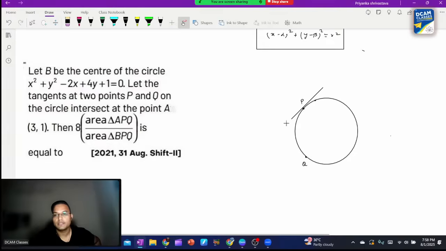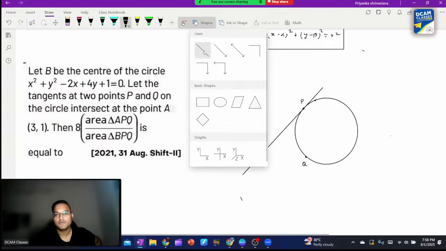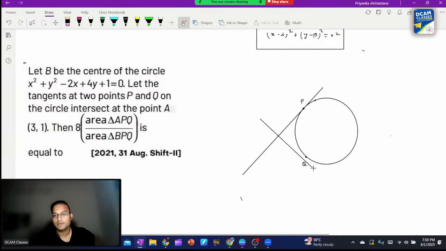One tangent is this, the other one is this one. They intersect at A. This point is given to us, 3, 1. Now if you connect these P and Q, they have given the area of APQ.